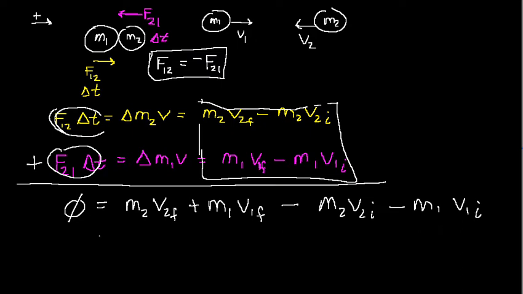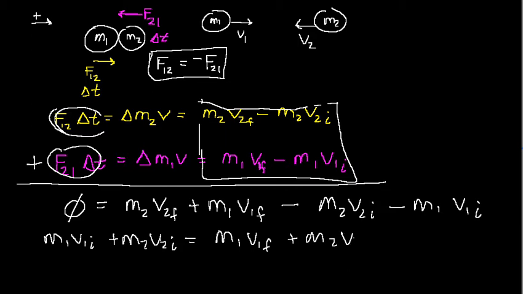If I put the negative terms on the other side of the equation, we have M1 V1 initial plus M2 V2 initial equal to M1 V1 final plus M2 V2 final.